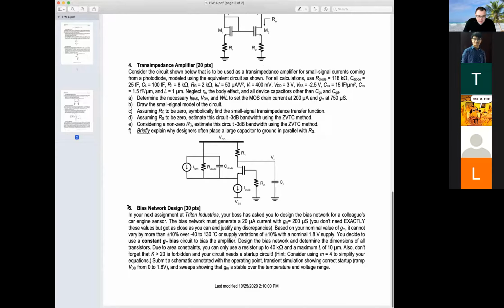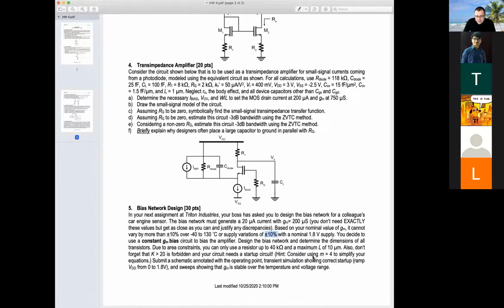All right, and then the last problem, the Cadence problem, you're going to design a reference circuit, in this case a constant gm, and then we're going to do a sweep over temperature. We're going to change the temperature from -40 to 130, which is quite a bit, and we want the supply to vary by 10%, so 1.8 plus minus 10%.